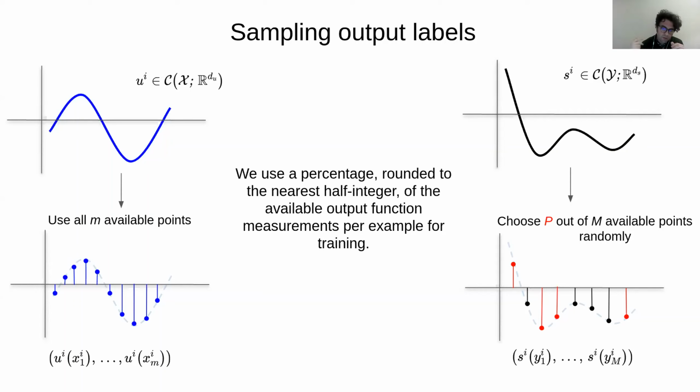These points are sampled differently for each realization, and then we will say that we have a percentage of the whole available labels. So if we have P, which is 128 out of 1024, this is 12.5%. Some percentages are not that round, so we will round to the nearest half integer.